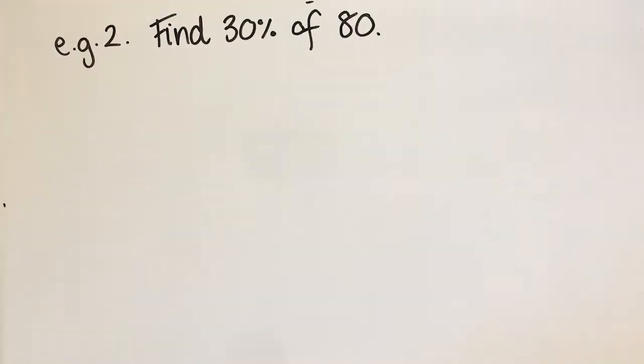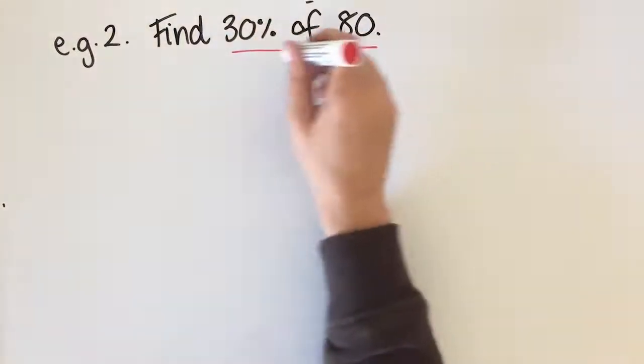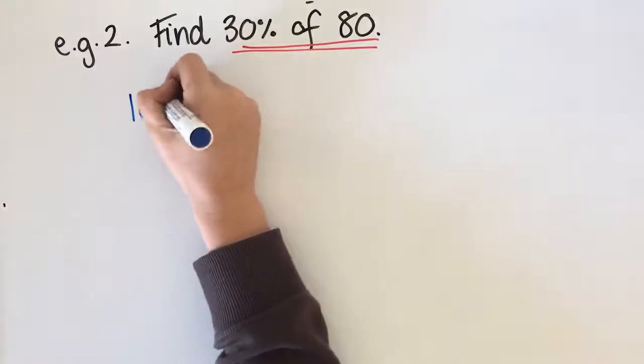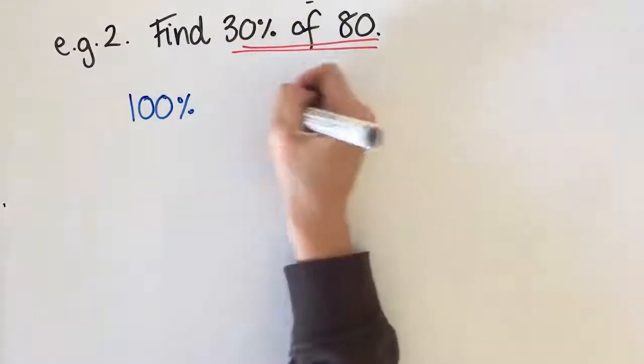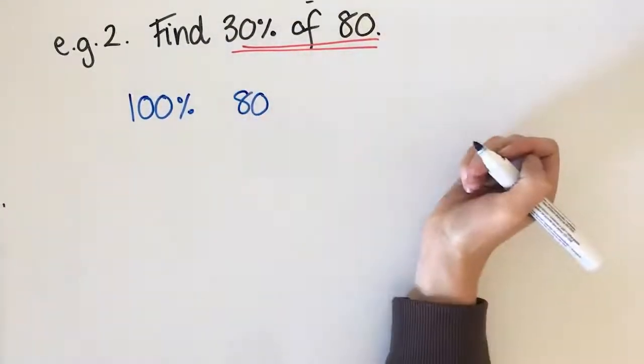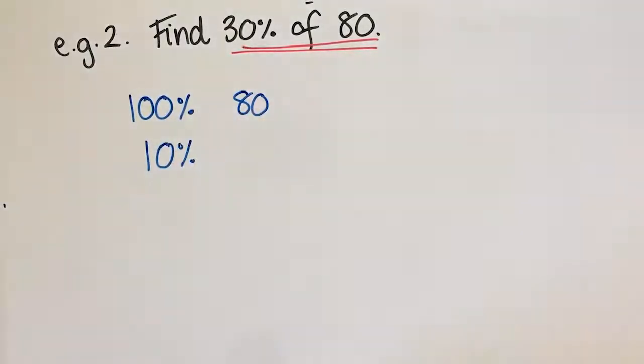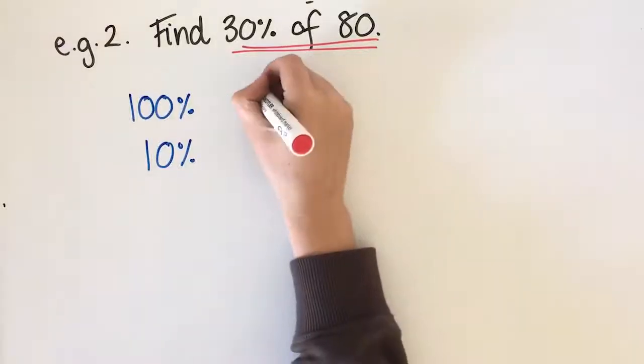All right, so for this next one, we need to find 30% of 80, okay? So same as in the last question, if we know 100% of 80 is 80, and 10% is going to be one decimal jump back.